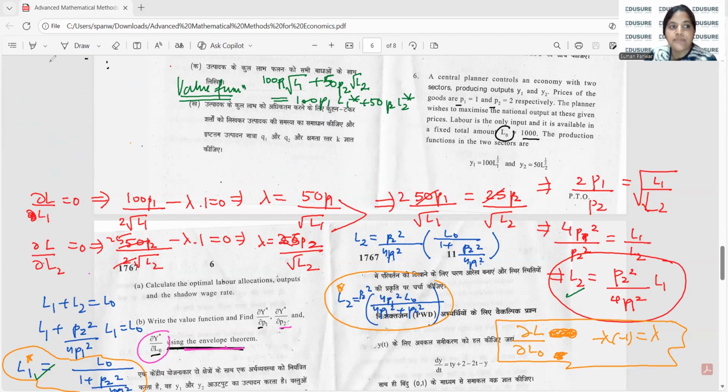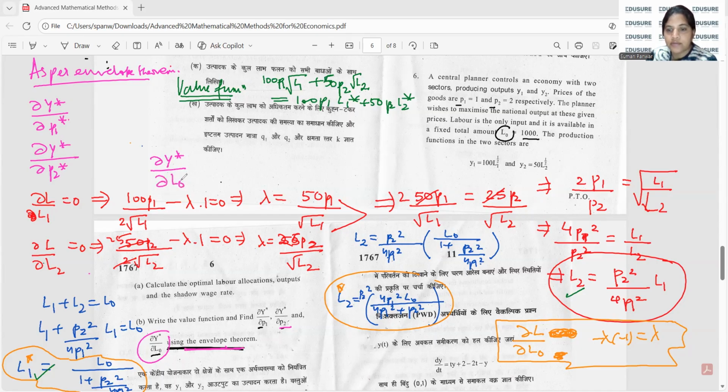So as per the envelope theorem, your del y star by del P1, del y star by del P2 and del y star by del L naught are nothing but equal to del L by del P1, del L by del P2, and del L by del L naught respectively.